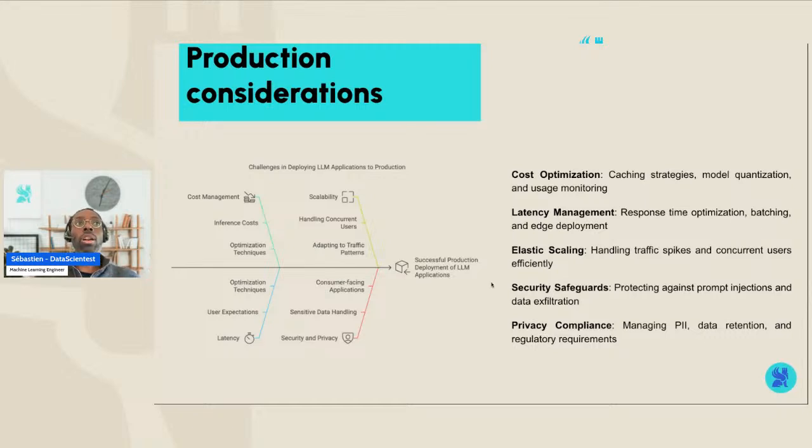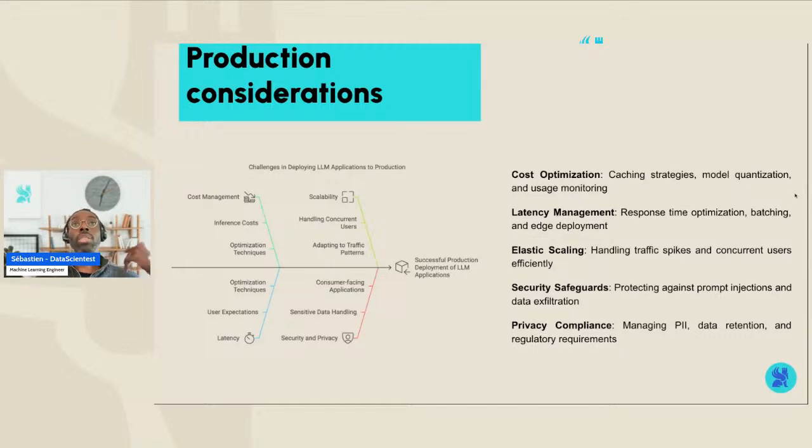This will lower the latency and also optimize the cost. In terms of latency management, you have response time optimization, or you can decide to do some batching. This means that instead of handling one-by-one answers, you will handle batches of data instead of individual inputs.